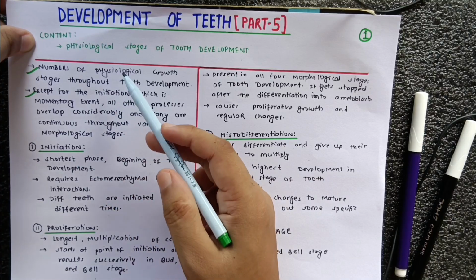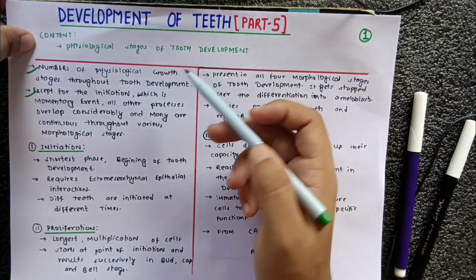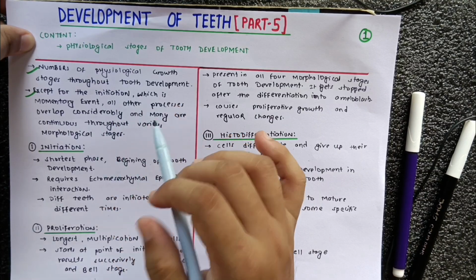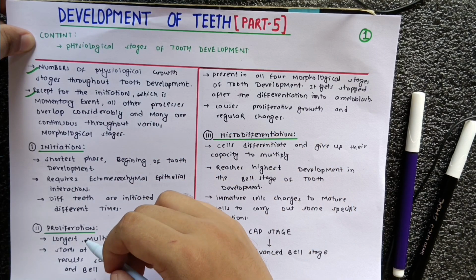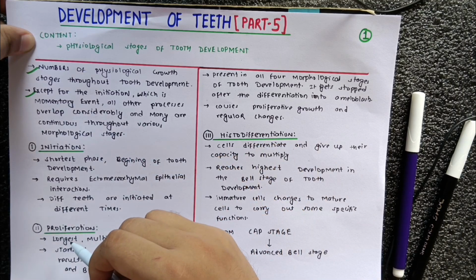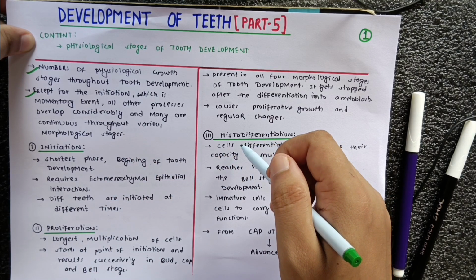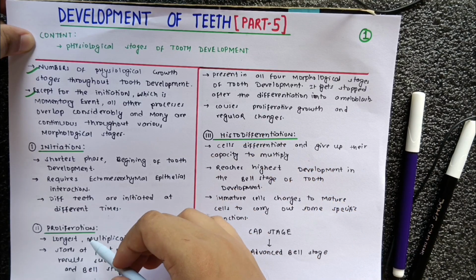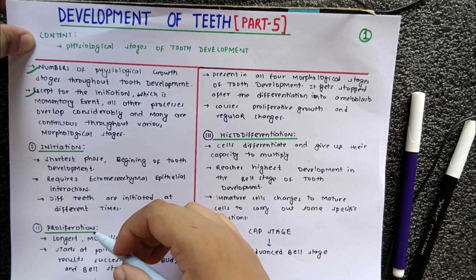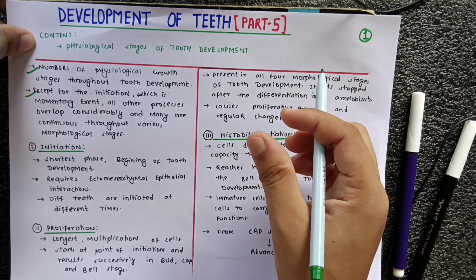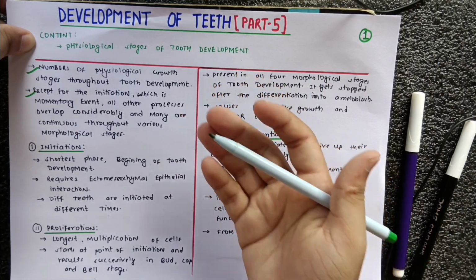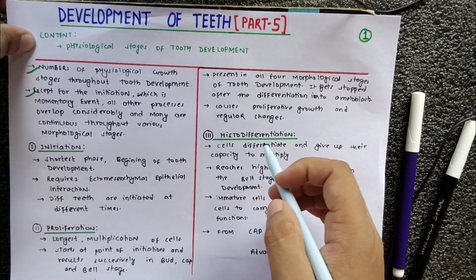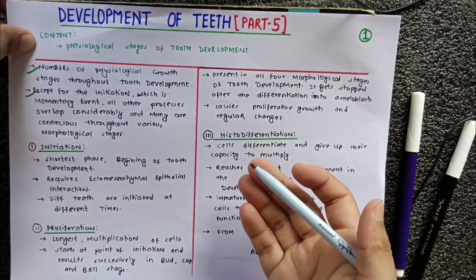The point they want to tell us is that initiation, the first stage of the physiological stages of tooth development, is a momentary event. That means it is not overlapped by any other process, but other stages like proliferation and histodifferentiation can overlap. Proliferation, which is just a multiplication of the cells, is present from the bud stage to the advanced bell stage, and histodifferentiation is present from the cap stage to the advanced bell stage.